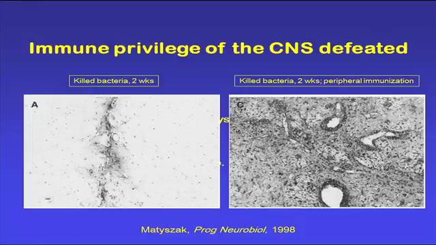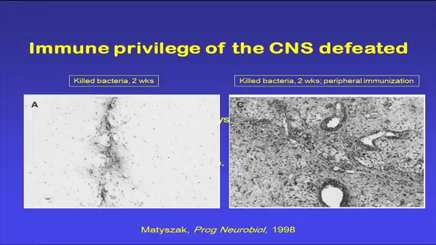And the second panel on the right shows the violent inflammatory reaction in the brain that results when you place the killed bacteria in the brain and then, somewhat later, immunize peripherally, meaning give an immunization in the skin of the same bacteria, and then come back and look at the brain 2 weeks later.